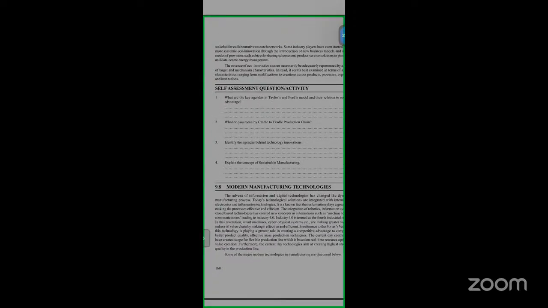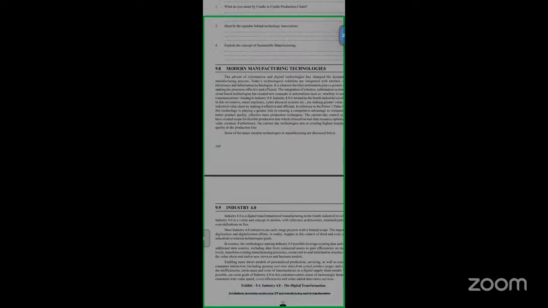And modern manufacturing technologies, when you architectures, standardization, and even definitions of flux.